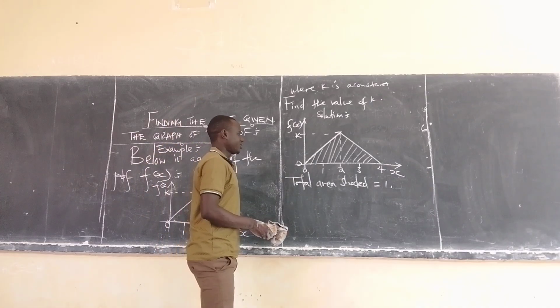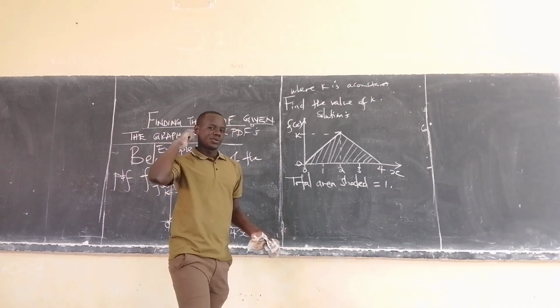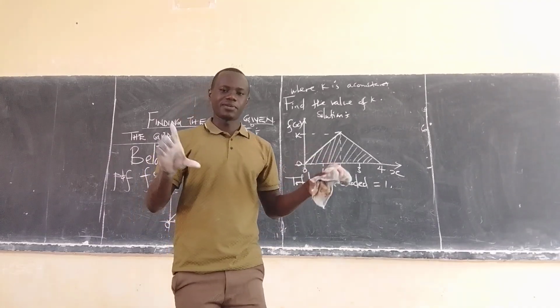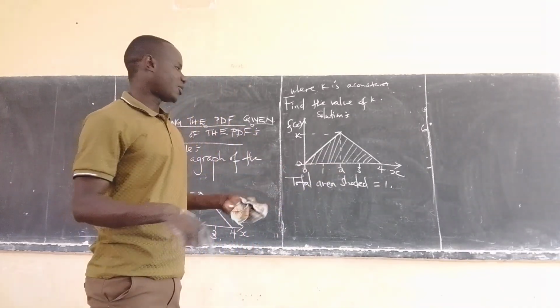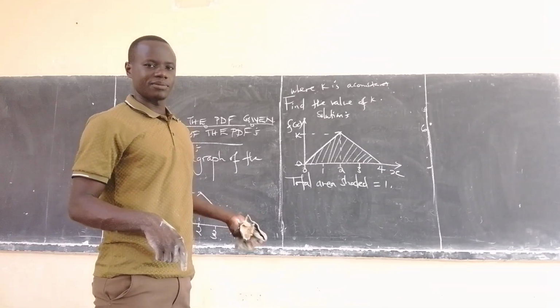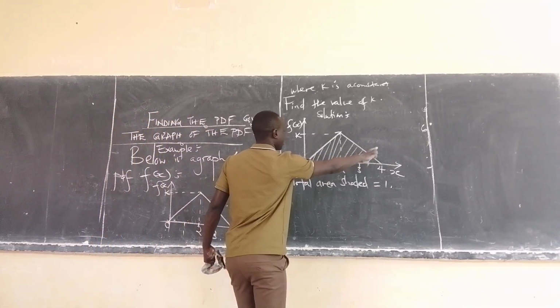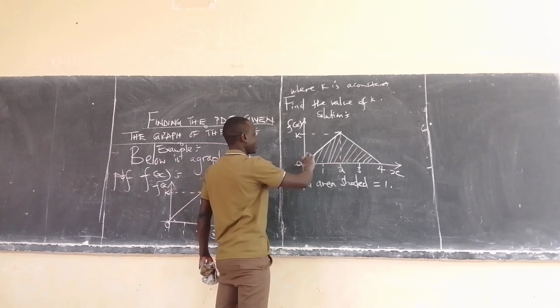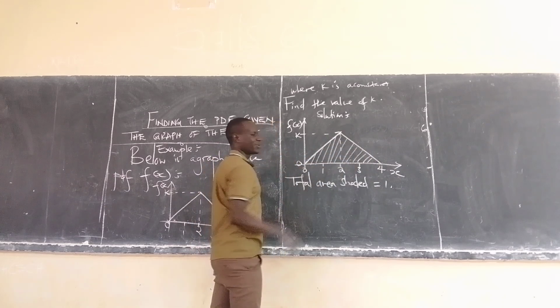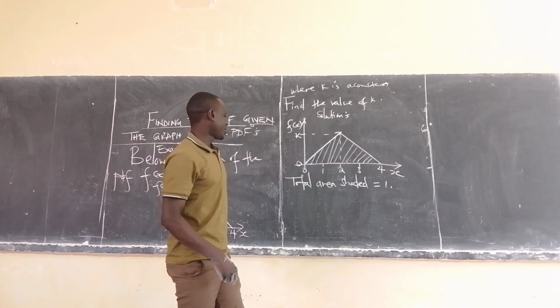So after saying that the total area shaded is a 1, you look at the structure of the shape that has come out as a result of shading, because this was already given. That shape is a triangle.